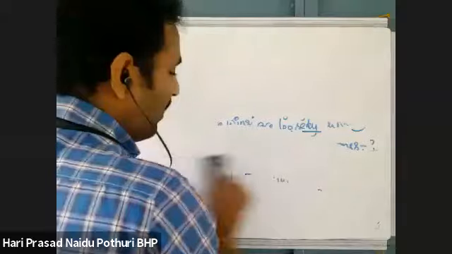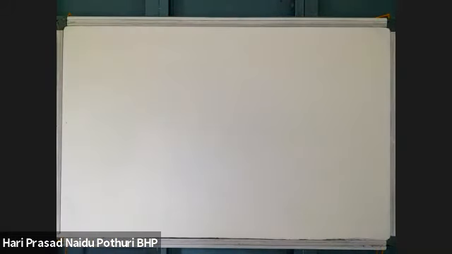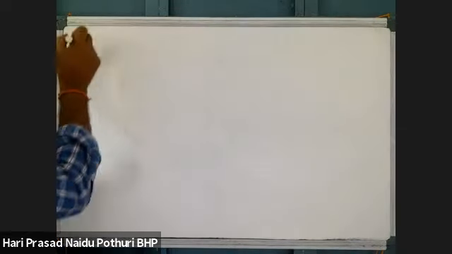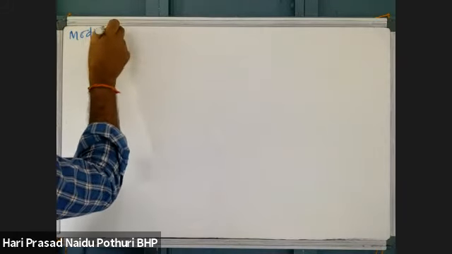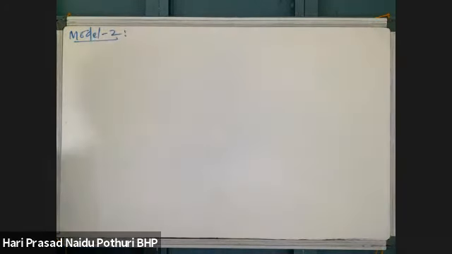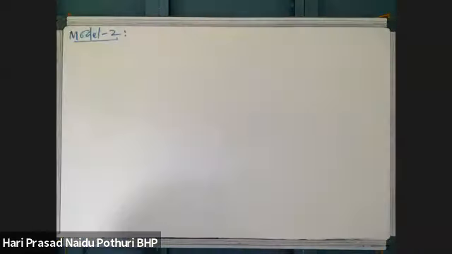Next I will give one more problem on recombination. Here it is a test cross with 3 genes, model 2. How to find the distance? With 2 genes we can find it easily.